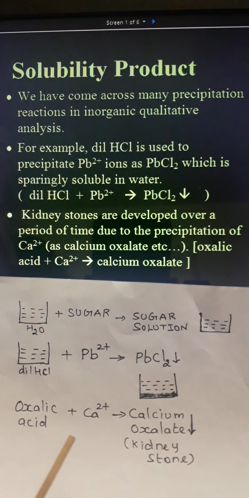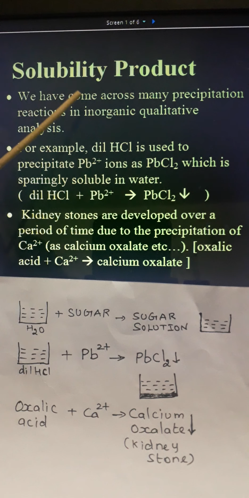Similarly, our body contains Ca2+. It takes oxalic acid from outside, or from tomatoes in excess, to form calcium oxalate, which is said to be a kidney stone. So that precipitation is very important.